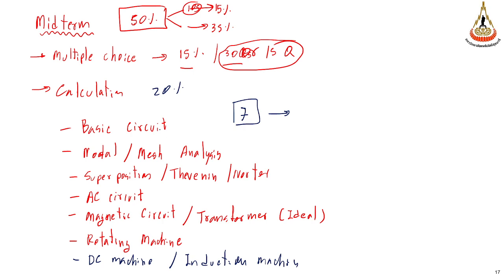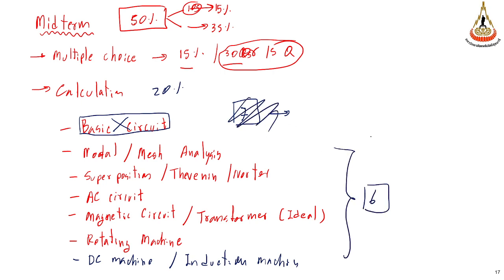So maybe we don't need to prove about basic circuit. No basic circuit. Okay. Which one else? Node mesh, AC, magnetic. Now we have 6.